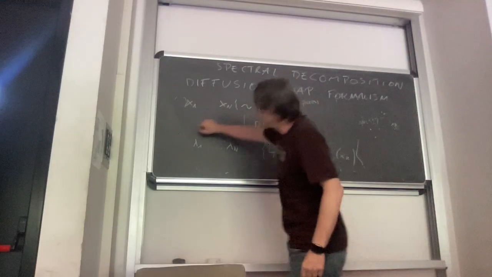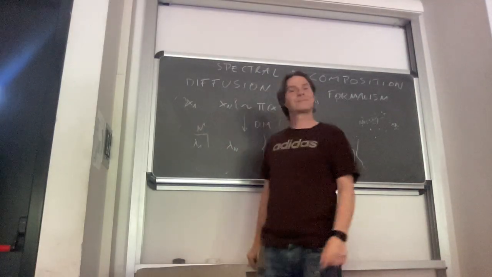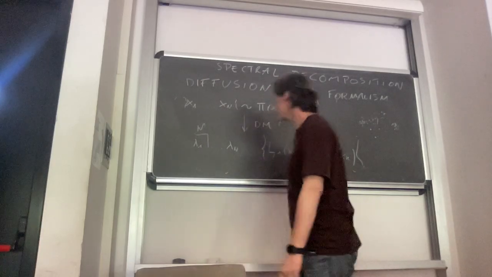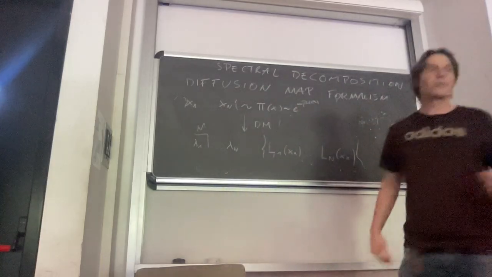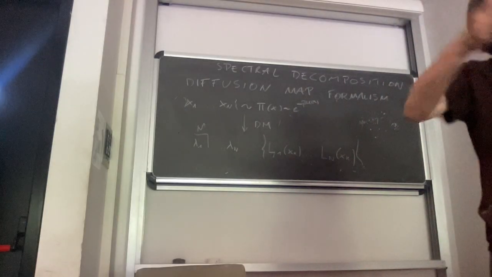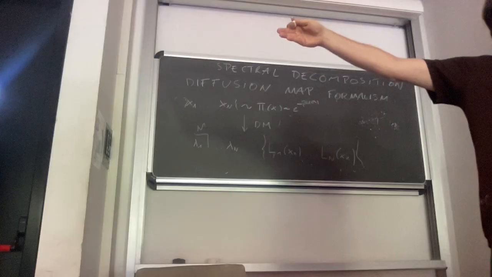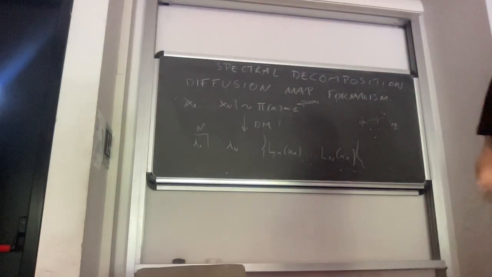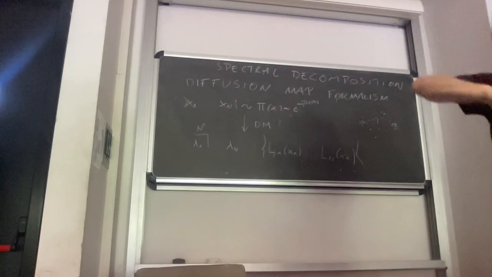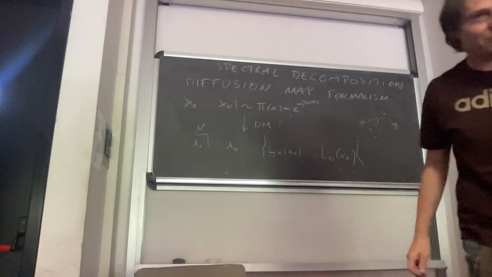So I can truncate this to the lowest m. In fact, all these algorithms don't give you all the eigenvalues. They give you one after the other until you see a gap, and then you stop, because computing the eigenvalues starting from the ground state is so much faster than diagonalizing and getting all the eigenvalues. Okay.